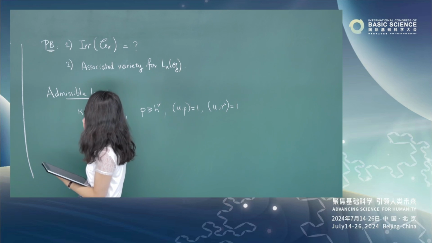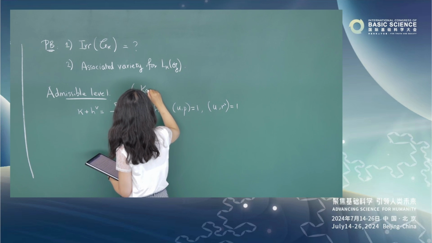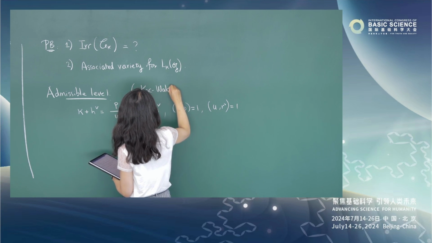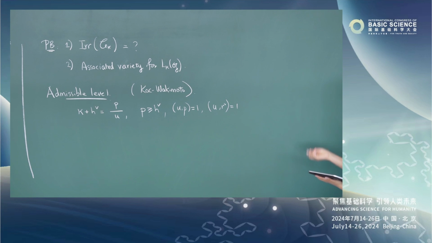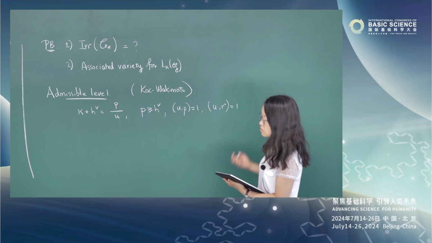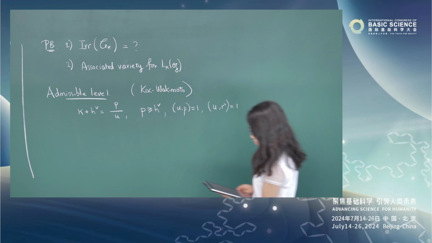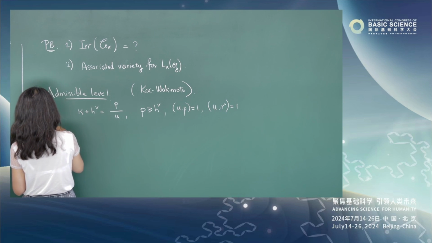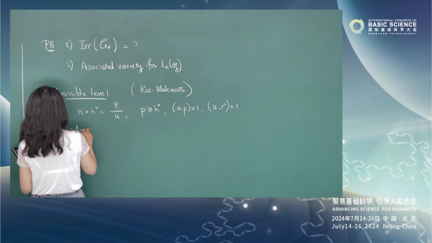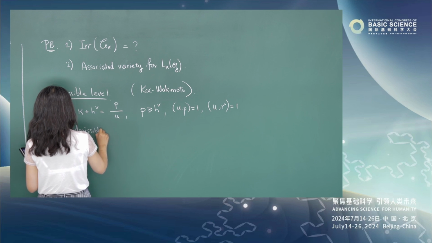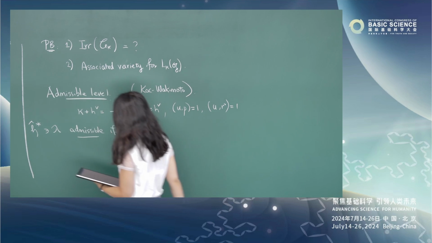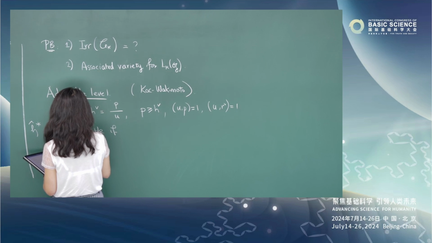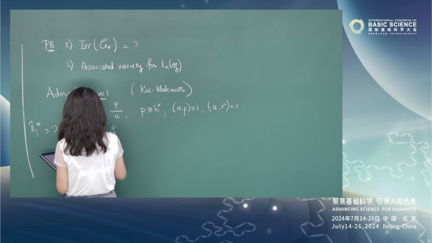Representations of affine Lie algebras at admissible level were first studied by Kac and Wakimoto, as an extension of the study of integrable representations for affine Lie algebras, because this is a setting where the characters also satisfy modularity. In particular, a weight lambda in H hat dual is called admissible if, first of all, lambda plus rho hat is dominant regular.